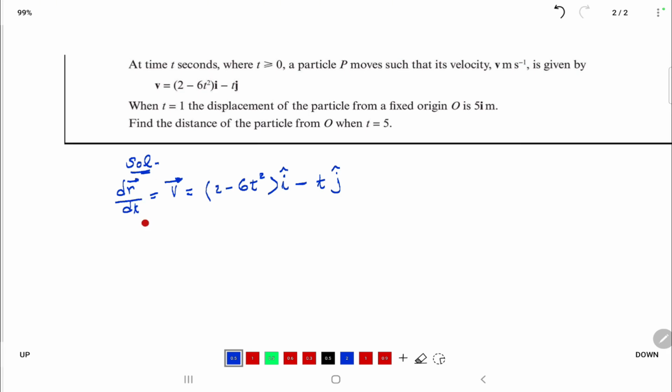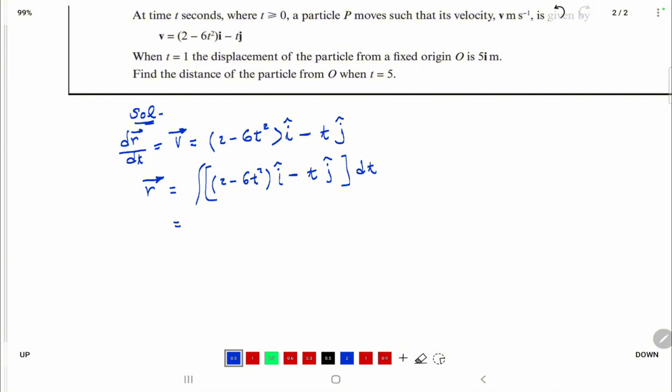Now, how can I find r from this equation? Of course, it is by integration. So r is the integral of (2 minus 6t squared) i minus t j, dt.